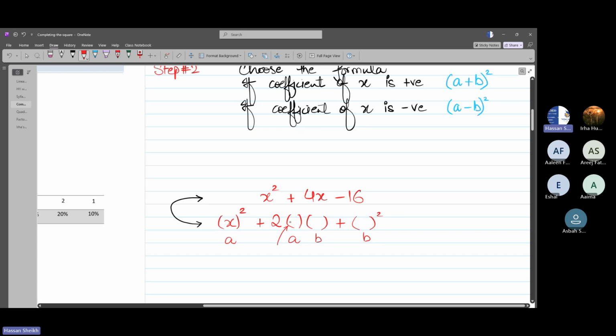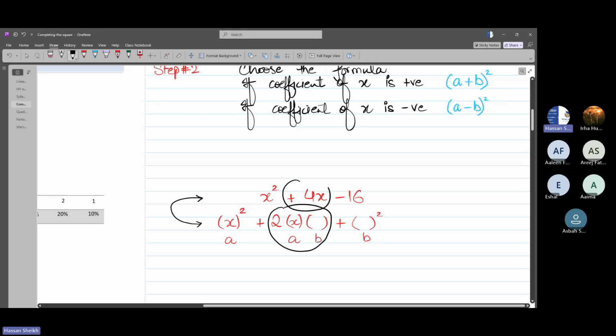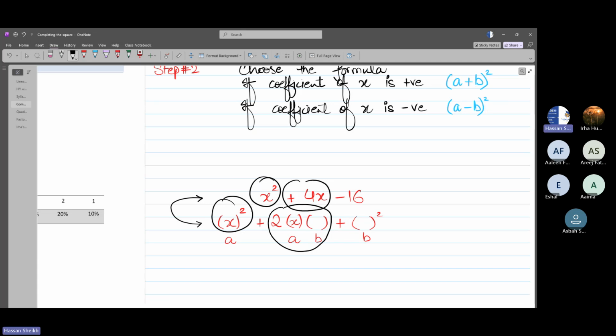Obviously, if a is x, there must be x as well. Agree? And the next place is for b. What should I write here to make this entire term 4x? Because we need to keep in mind that we need to equate it with the previous given term when we are applying completing the square.